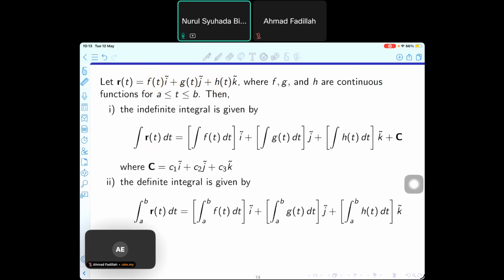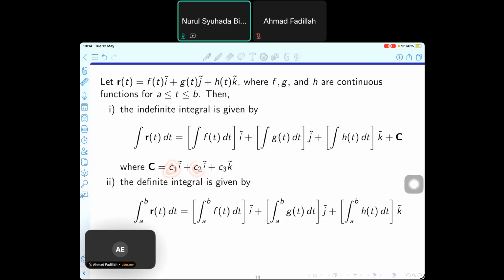But keep in mind, when we consider the indefinite integral, we have to add a constant. The constant here must be a constant vector, not a normal constant. This means that the ith component has its own constant, together with the jth and also the kth component, each with its own constant.